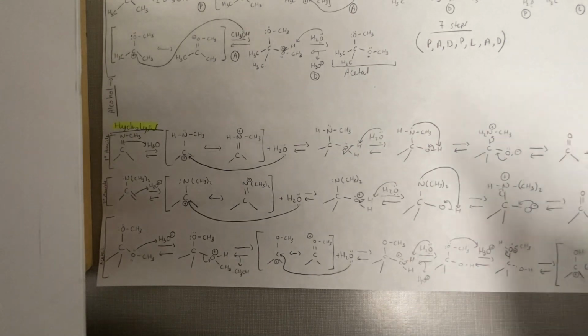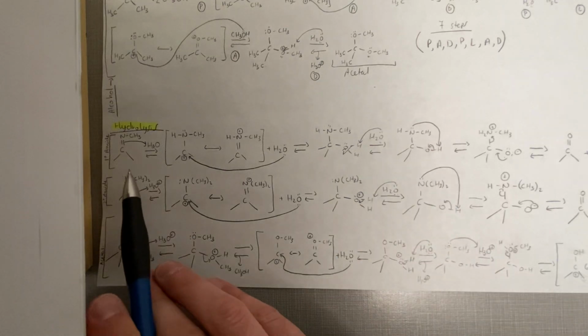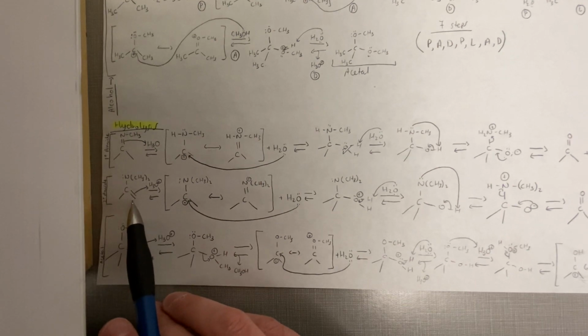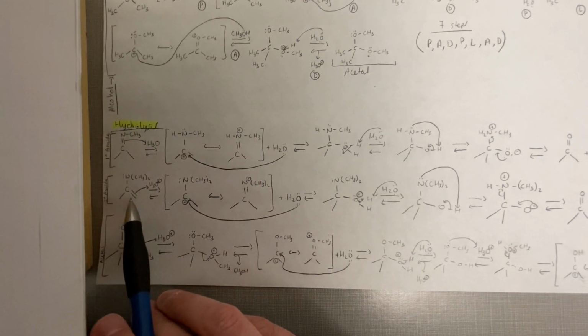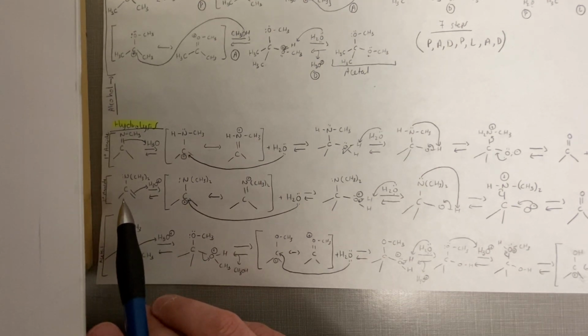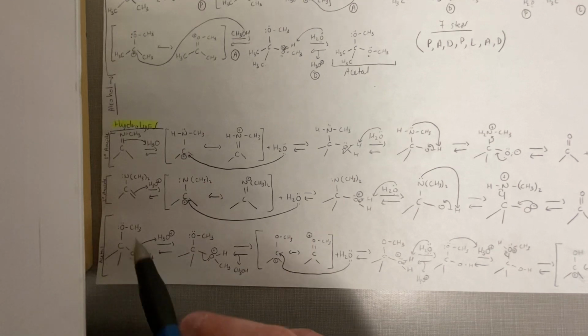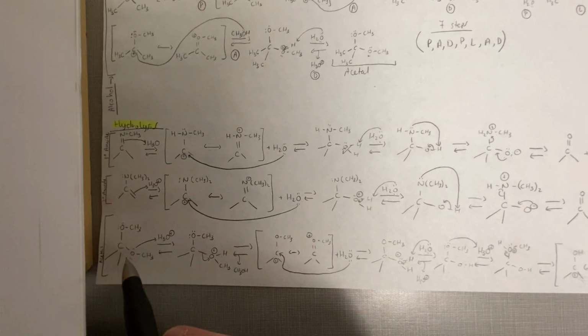So in this case, here we start with an amine for a primary amide. For a secondary amide, we start with an amine, and then for the end product of an alcohol synthesis, we start with an acetal.